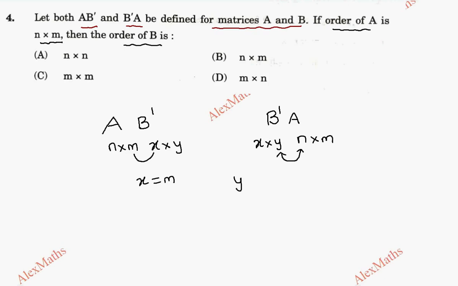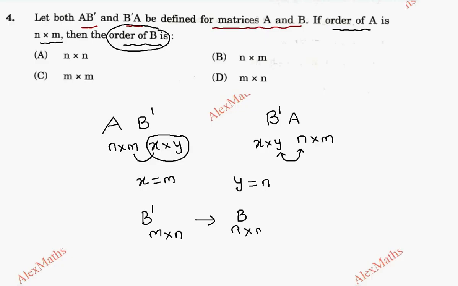It means y equal to n. So B dash, which we assumed x rows and y columns, is m rows and n columns, but they want the order of B. So B and B transpose will have rows and columns interchanged. So B will have n rows and m columns. So from the options we choose option B.